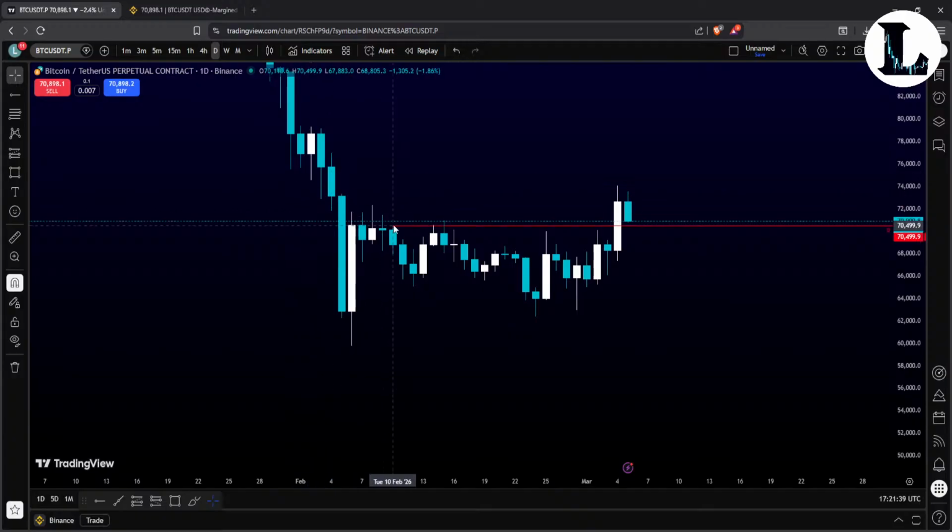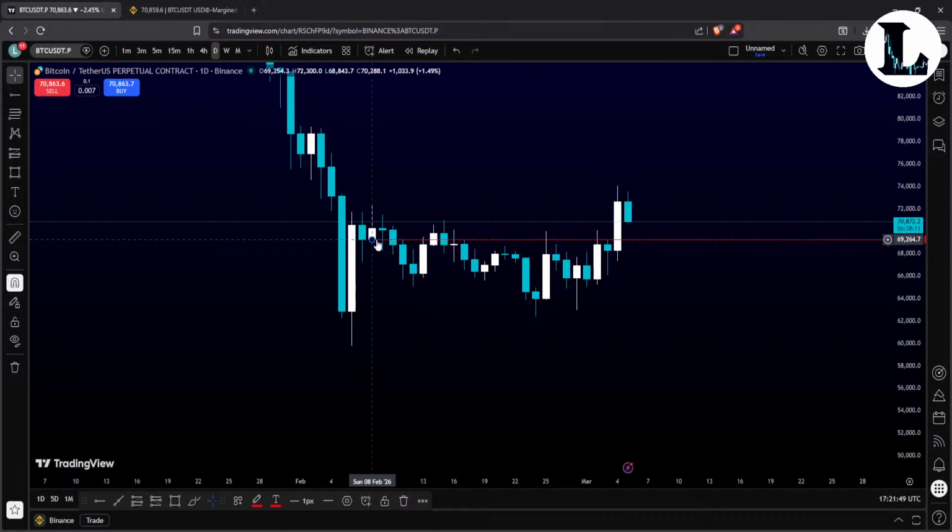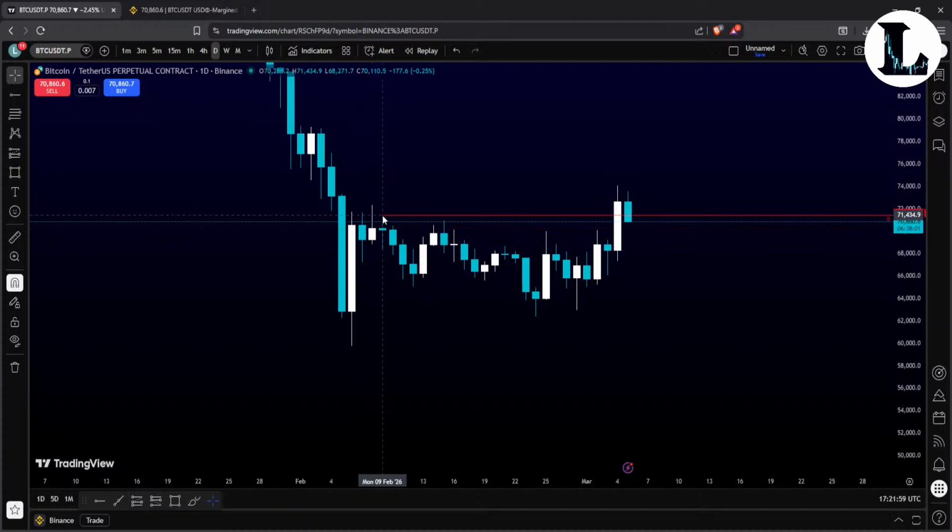We are trying actually. We did not break yet. This was the candle that was the biggest resistance on this range. You can see a white candle followed by two bull candles, and it was tested multiple times. We are trying to break up, but we did not yet.